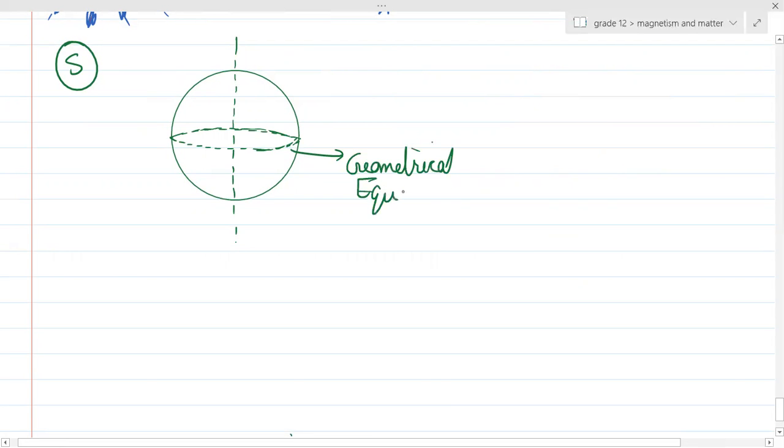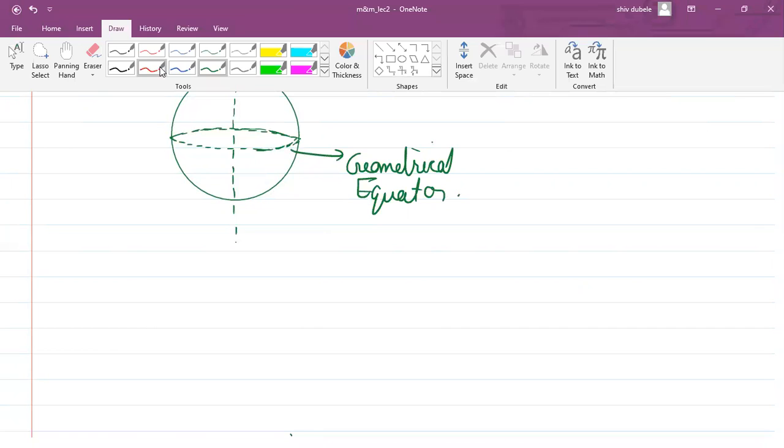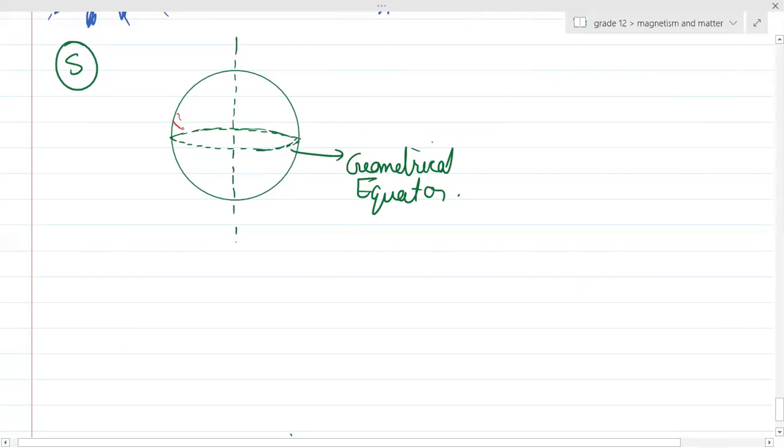Everyone knows the equator, right? And similarly, if this is the magnetic axis, then this will be the magnetic equator.